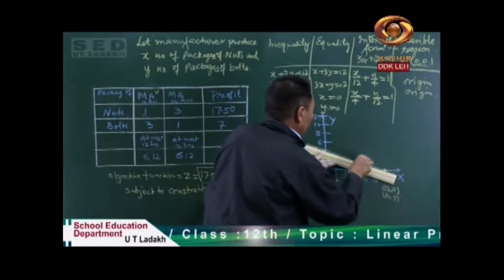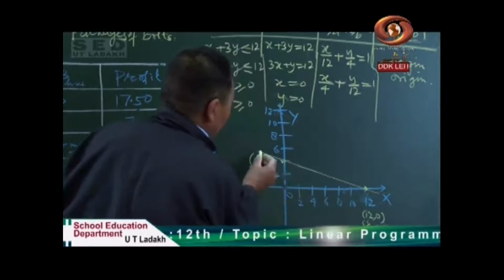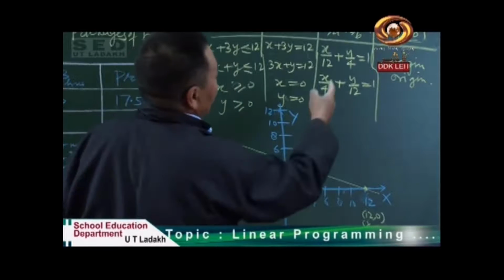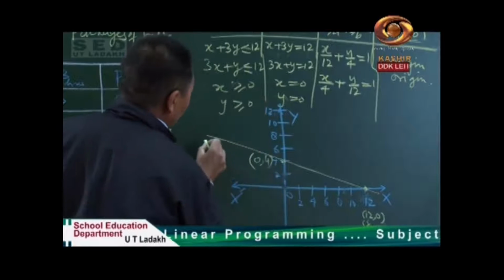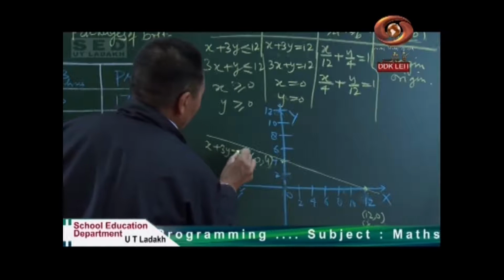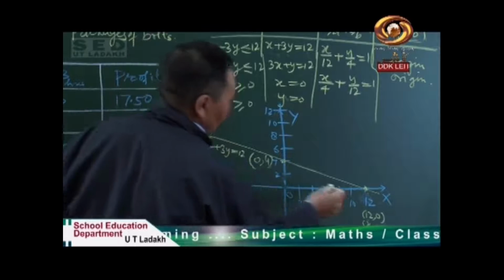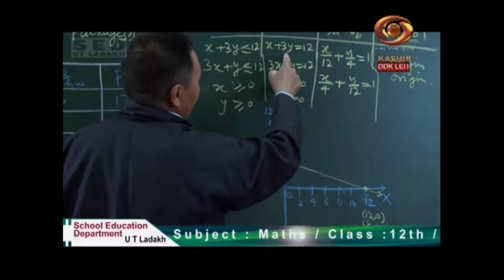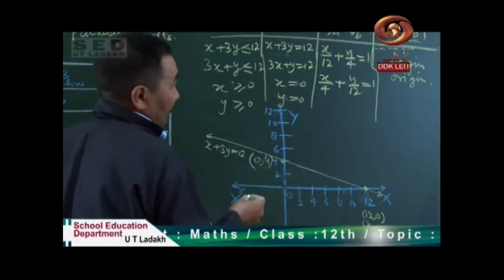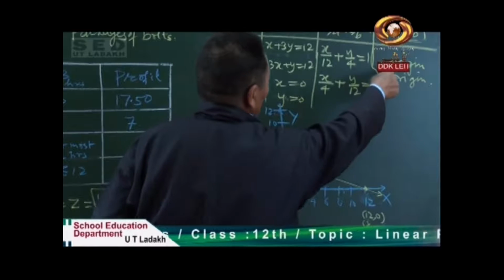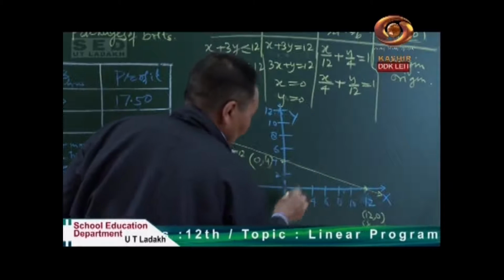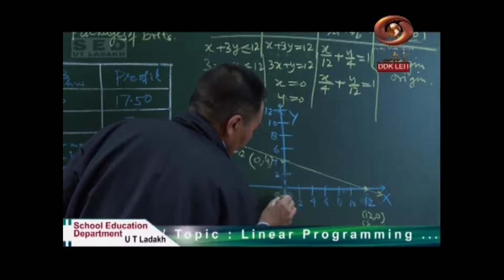This is the equation of this line, x plus 3y equal to 12. It shades towards origin. Origin means 0, 0.